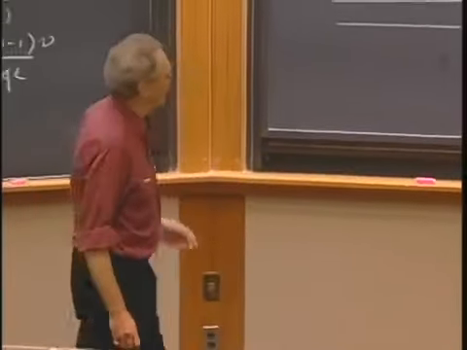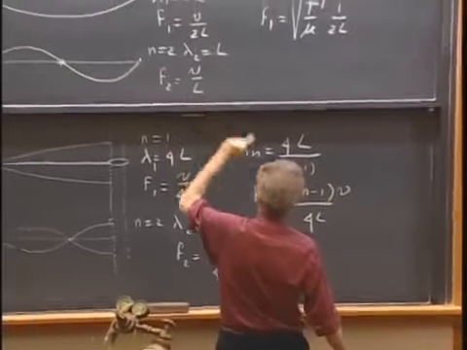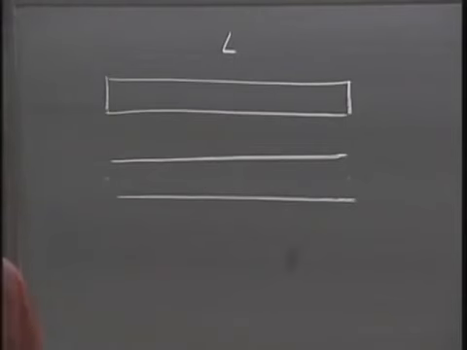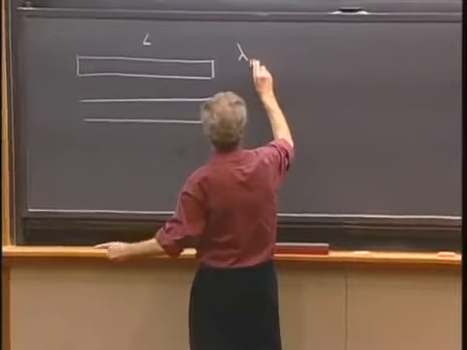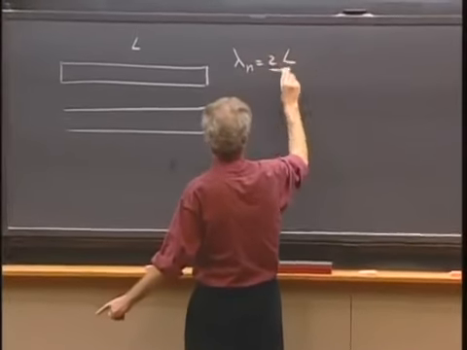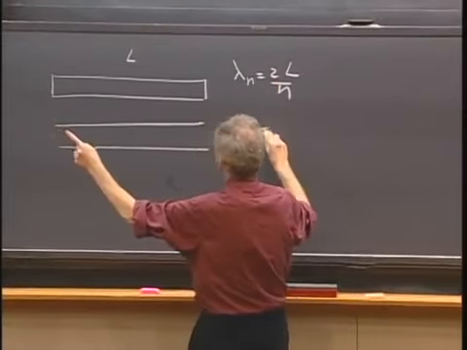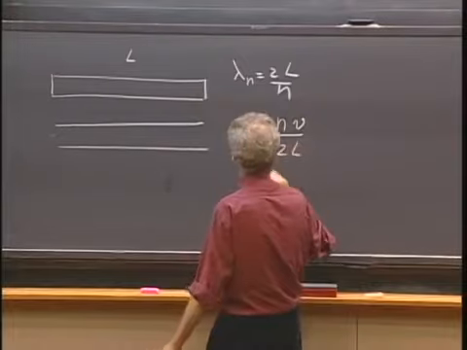And so it's immediately clear that the solutions that we worked out for the closed system must be exactly identical to this. So you do get precisely that lambda n is again 2L divided by n. There is no difference. And f of n is nv divided by 2L.